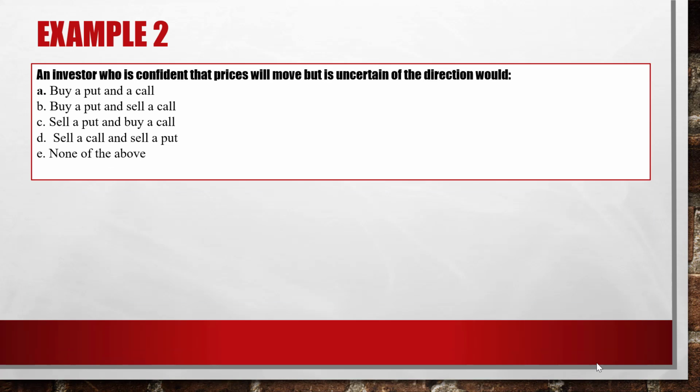Alright, example 2. An investor who is confident that prices will move, but is unsure of the direction, would... That means he doesn't know whether it goes up or goes down. So what should he do? Buy a put and a call, or buy a put and sell a call, or sell a put and buy a call, or sell a call and sell a put, or none of the above.